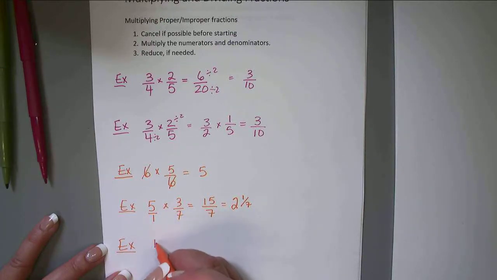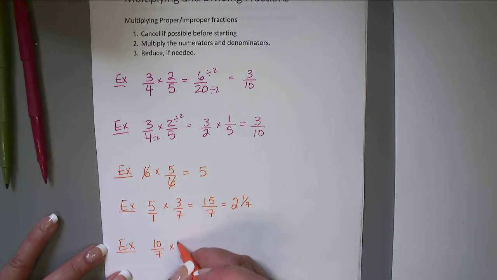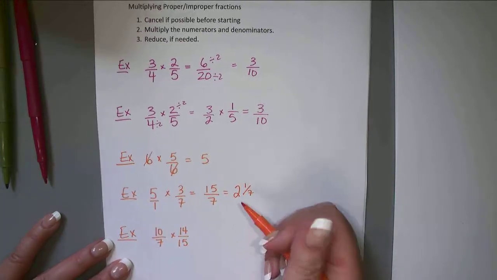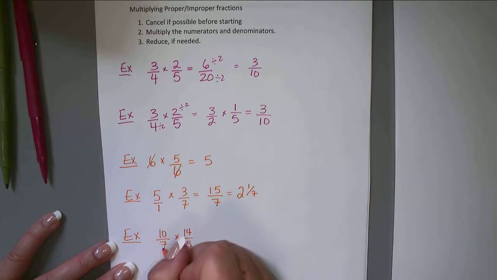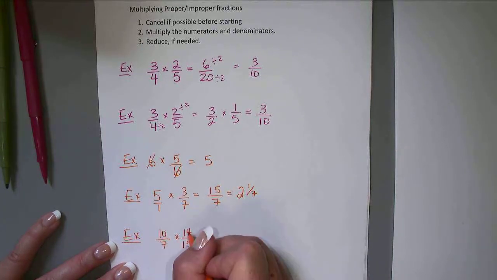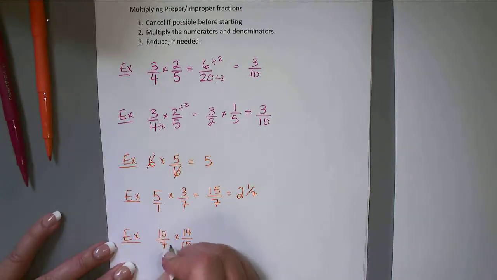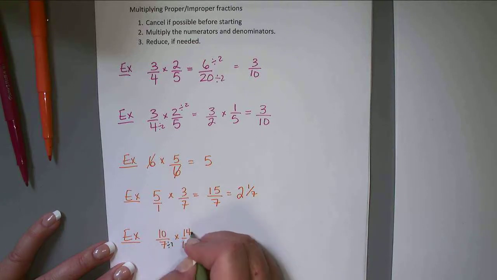And one more. Okay, so I notice here that 7 and 14, they have a common divisor. I can divide both of these by 7.